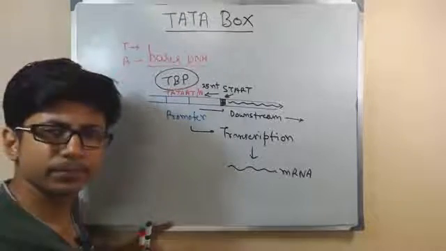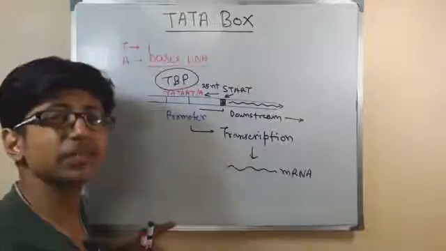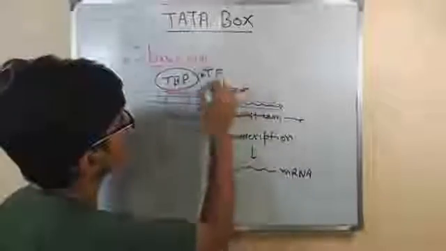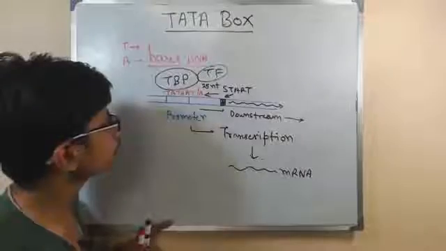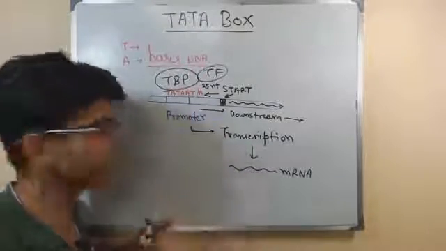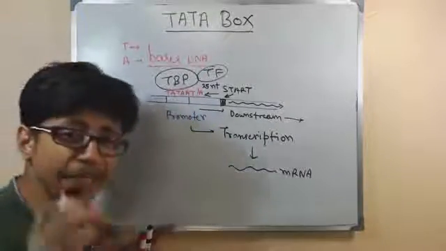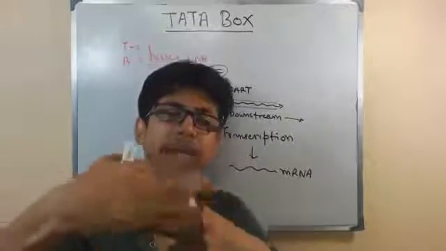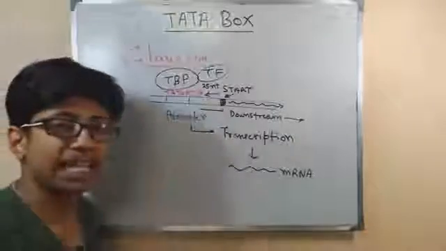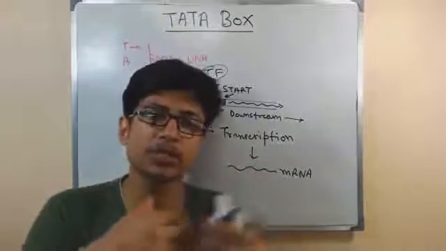Okay, and here this TBP, or TATA binding protein, actually interacts with the TATA box, and then it will bring other enzymes, other factors which are called transcription factors, very important during transcription in eukaryotes. They'll bring these transcription factors, polymerases, other types of enzymes, and it will first unwind the 2 strands of the DNA, because DNA is double stranded. Remember, it will help unwinding the strands of the DNA.